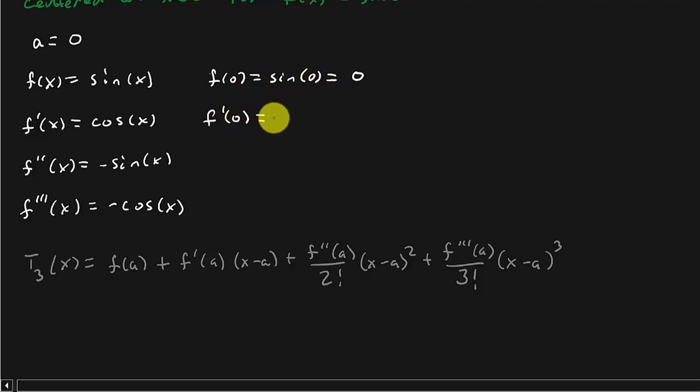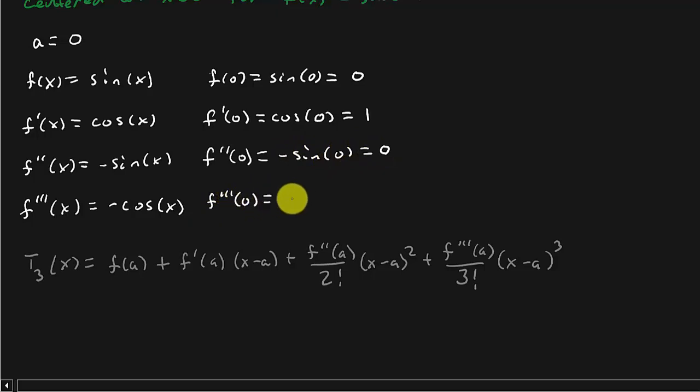F prime of 0 is cosine 0, which is 1. F double prime of 0 is negative sine of 0, which is 0, and f triple prime of 0 is negative cosine of 0, which is negative 1.